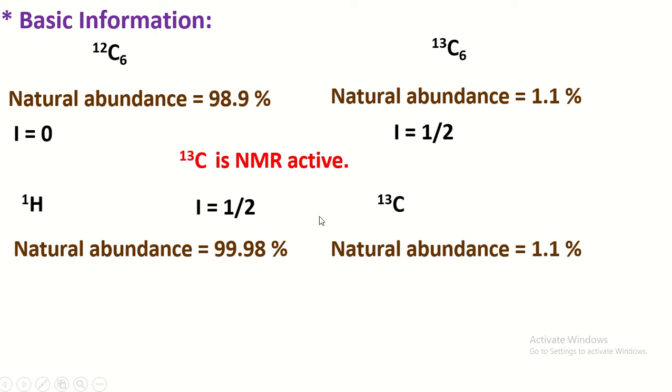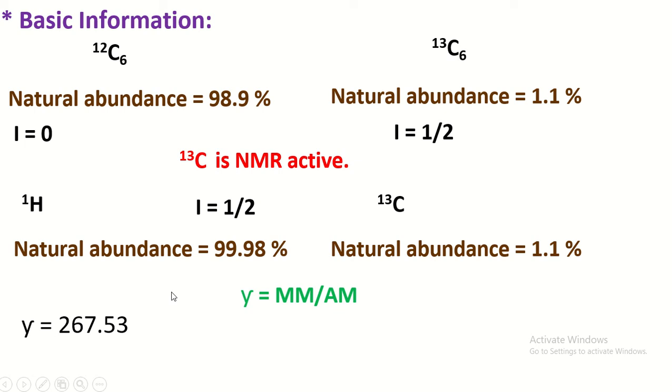Friends, we know that when any charged particle spins around itself, it acts as a magnet, and this magnet has a magnetic moment as well as an angular moment. The ratio of magnetic moment to angular moment is called the gyromagnetic ratio.